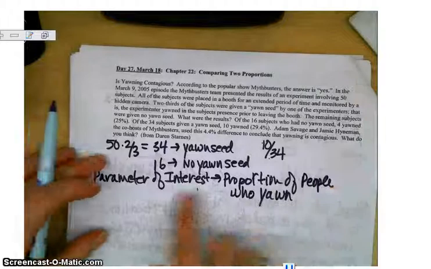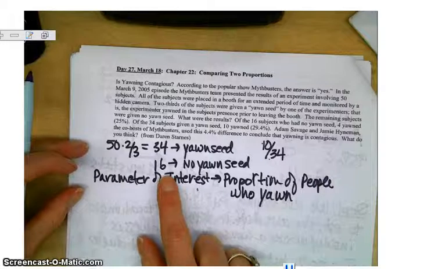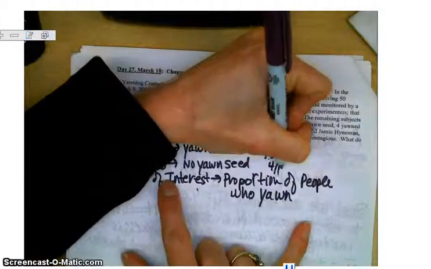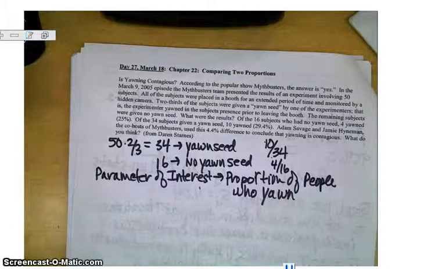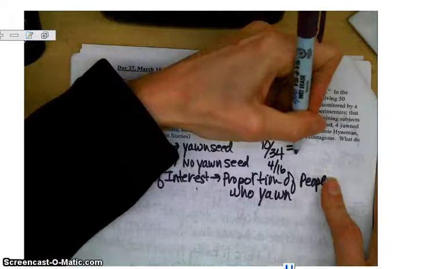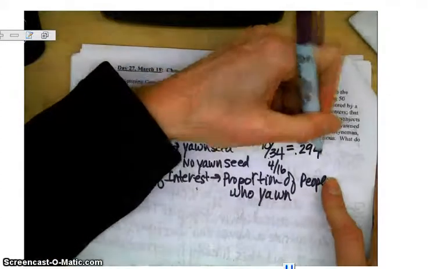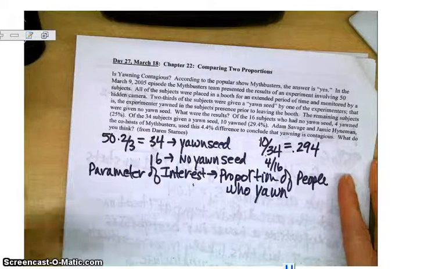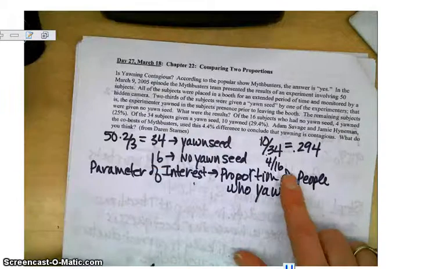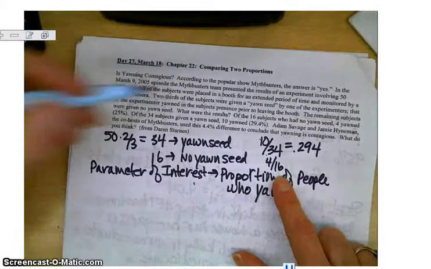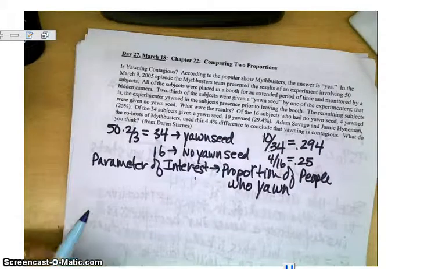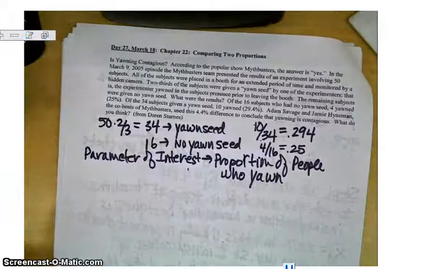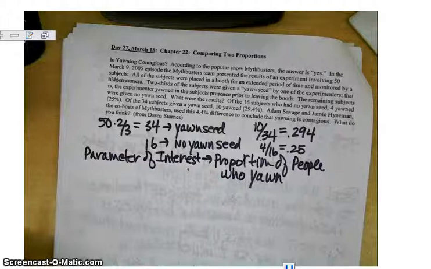How many in that group yawned? 4. So there were still 4 people that yawned out of 16 that didn't have a yawn seed. So 10 out of 34 is 0.294, that's the proportion, and 4 out of 16 is 0.25. Okay. So the question is, does a yawn seed make people yawn more than no yawn seed?